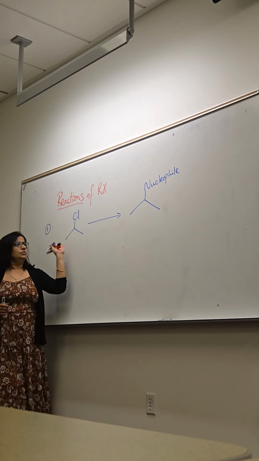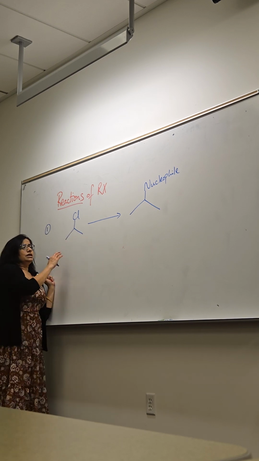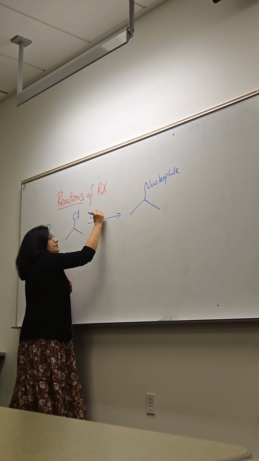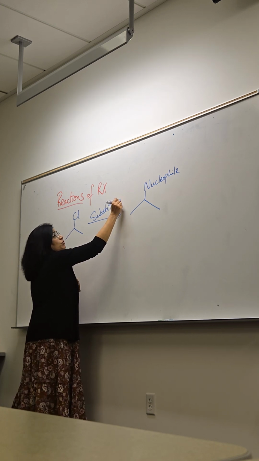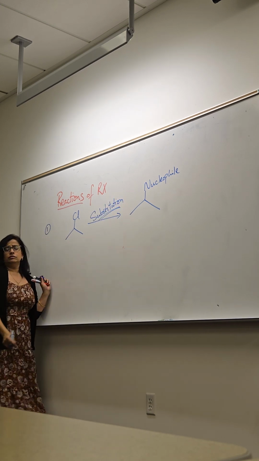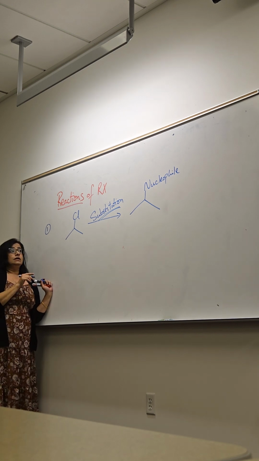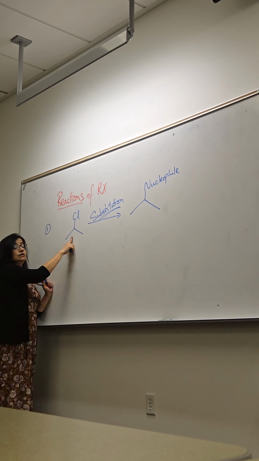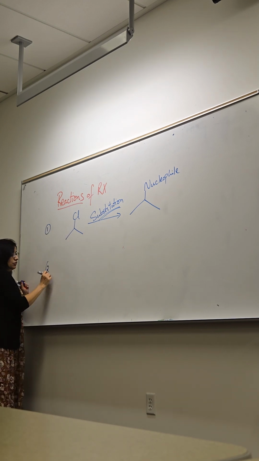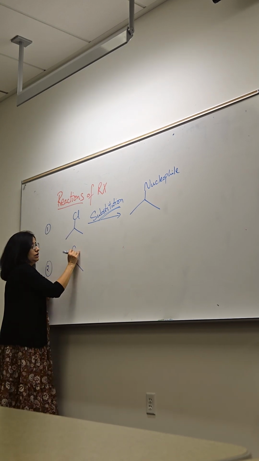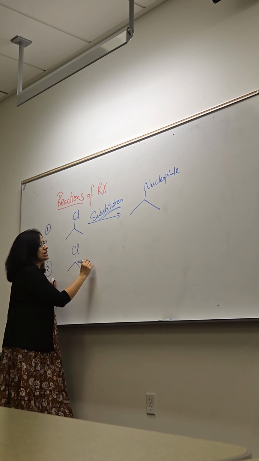Substitution, addition, elimination, or rearrangement? What kind of substitution reaction? So we will explore a lot. This is one of the most important mechanisms in the entire course. We'll spend a lot of time on this. Substitution of alkyl halides. And the other reaction that we will also spend a decent amount of time on next chapter.